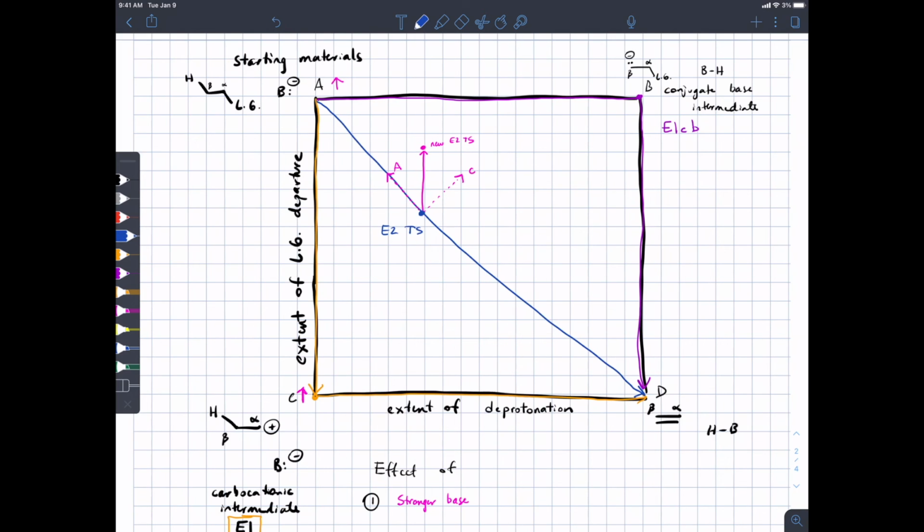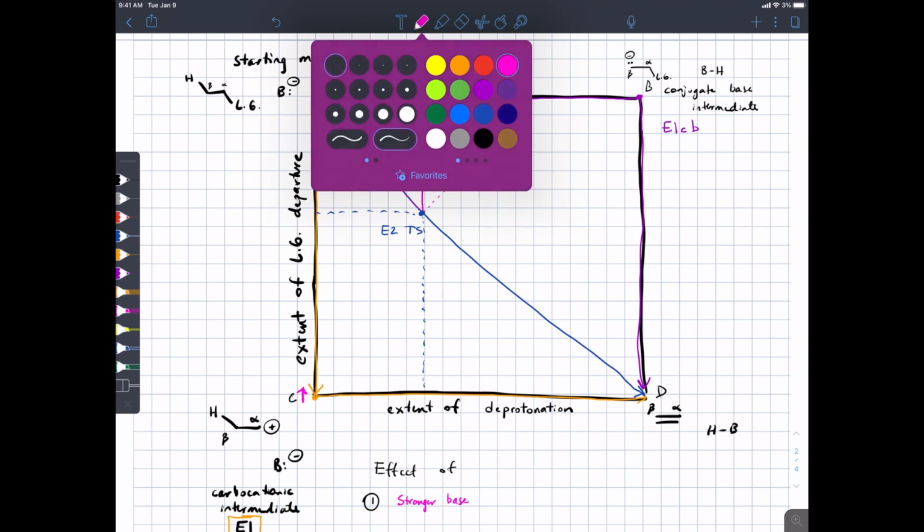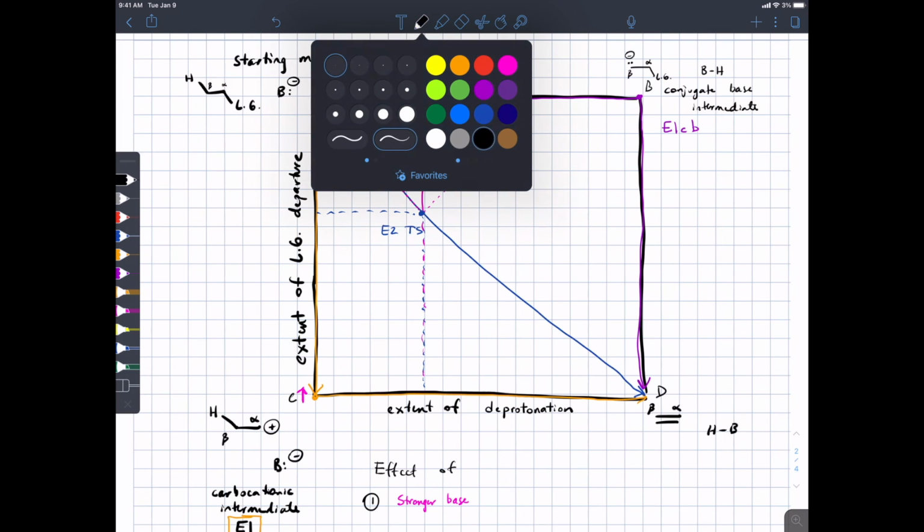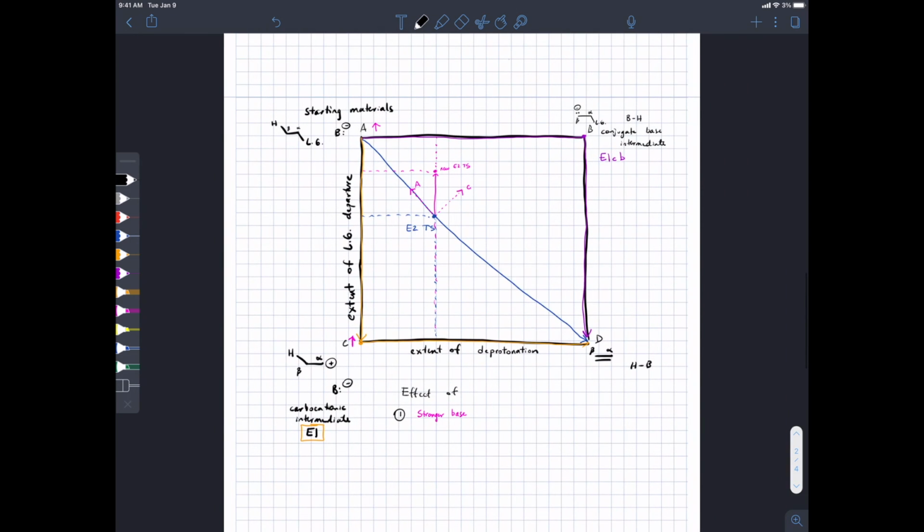Prior to that change, the transition state had this much deprotonation and this much leaving group departure. If we raise both corners A and B, notice what that does. It actually doesn't change the extent of deprotonation. That stays the same. But instead, it lowers the extent of leaving group departure.